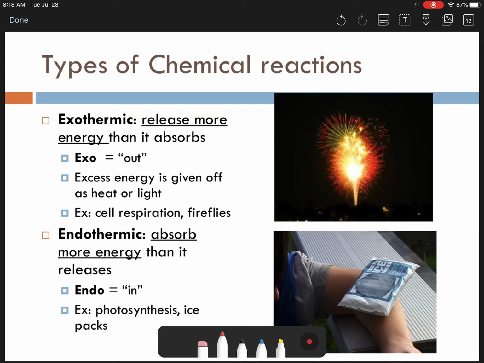Now we can also classify chemical reactions in terms of whether they absorb more energy or release more energy in the reaction. If it's an exothermic reaction, it releases more energy than it absorbs. Exo means out, so it's releasing more. Excess energy gets given off as either heat or light.